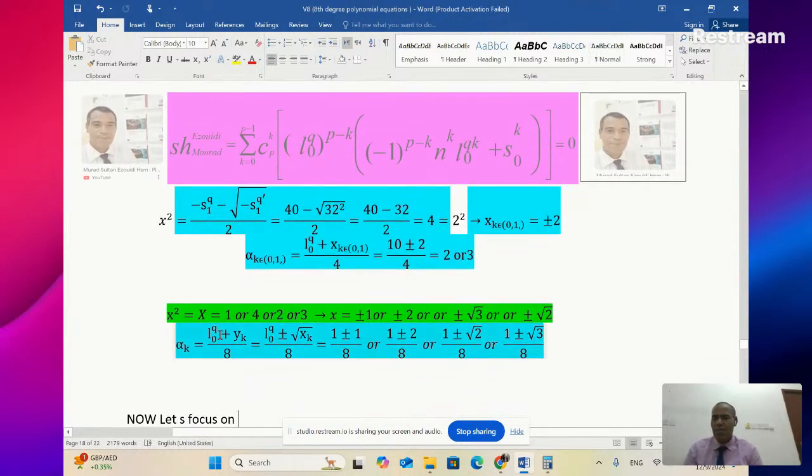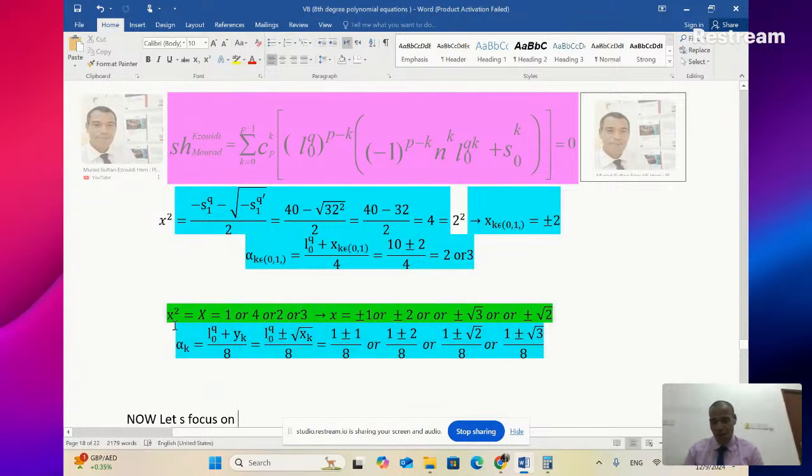So small x squared equals capital X, which is equal to 1, according to this one, and 4, 2, and 3. Therefore, small x is the root of capital X. So it means root of plus negative 1, or plus negative 2, or plus negative root of 3, which we leave in surds because it's an irrational number, or plus negative root of 2, which is an irrational number.